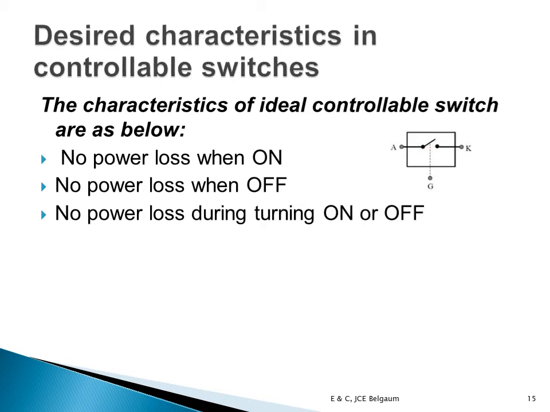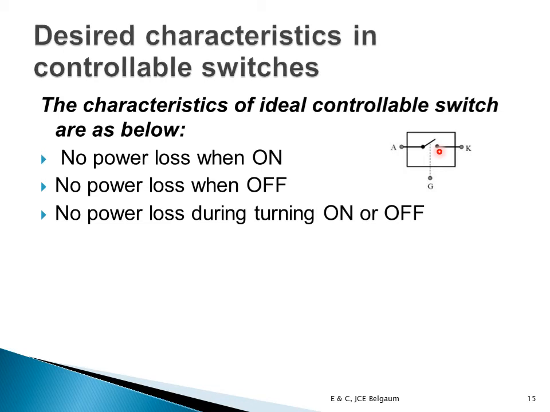No power loss during turning on and off. Now remember, when this switch is off, it is in the third quadrant. In the third quadrant, the voltage across the device will be very high, and the current will be zero. That is the off state. Now when you want to turn this switch to the on state, you have to move the device to the first quadrant.